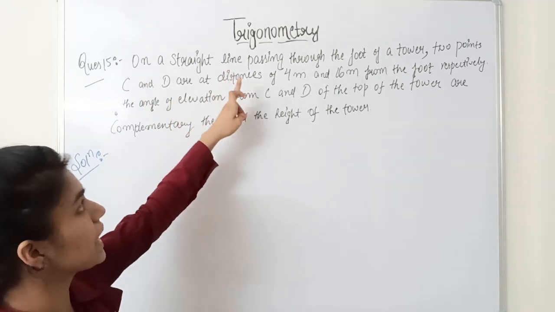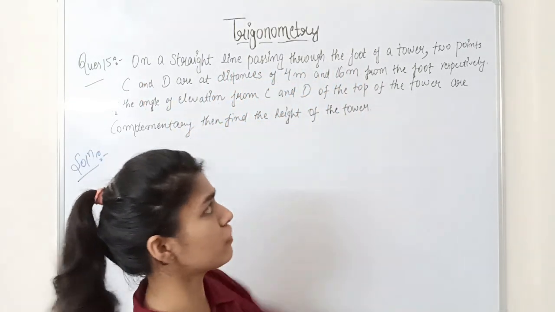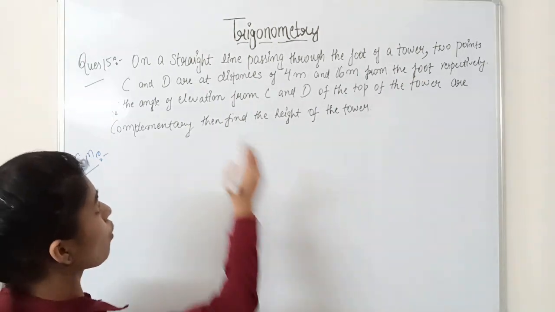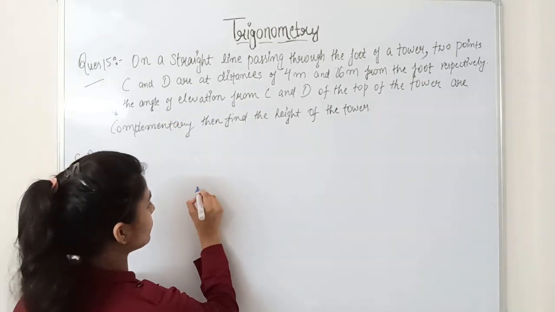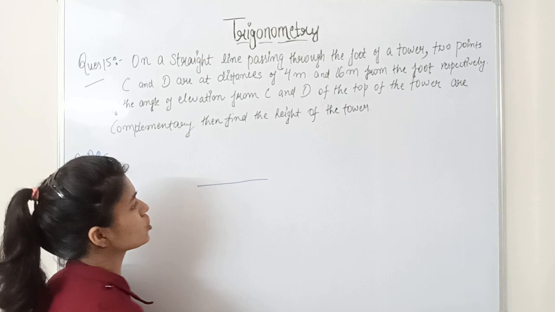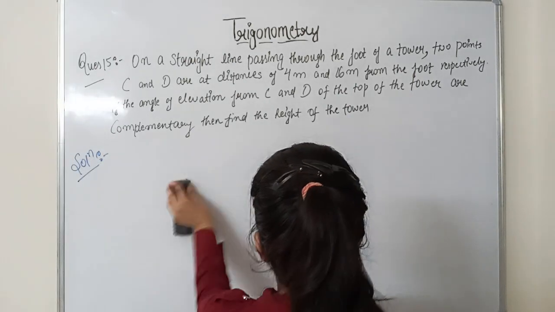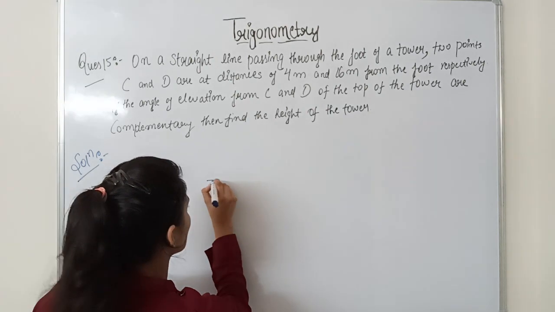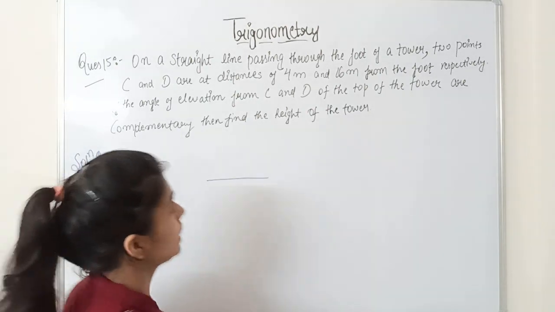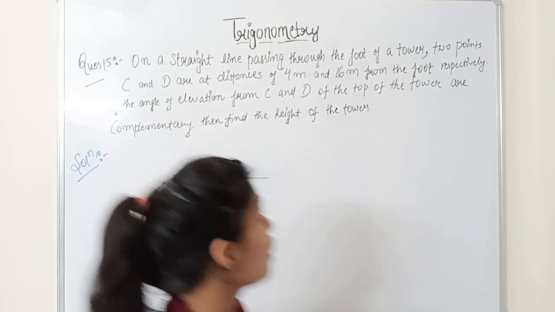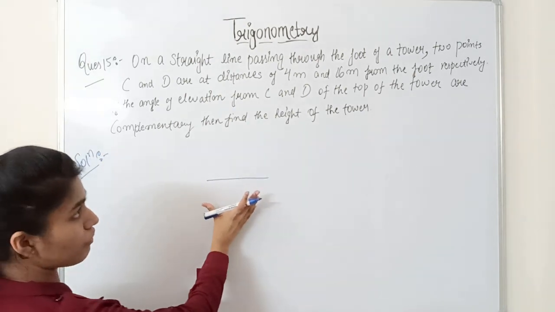On a straight line passing through the foot of a tower. This is a straight line. On a straight line passing through the foot of the tower.